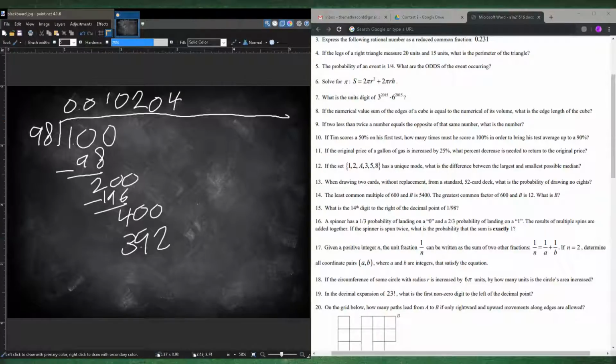Subtract that out, you get 8. And you drop down 0, drop down 0, you put an 8. So 98 times 8 is 784. That's what it subtracts up to. So you have a 16.